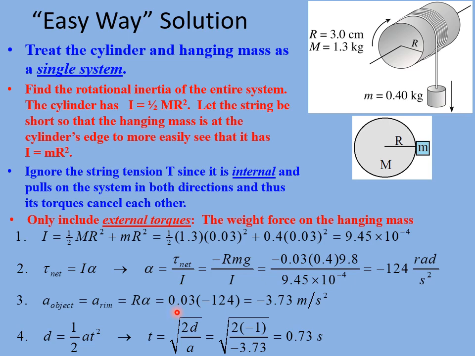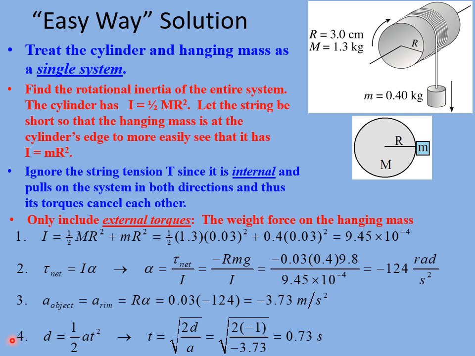So the radius is 0.03 meters, that was given up here. And our alpha is negative 124. So our acceleration of this falling object is negative 3.73 meters per second squared. That's how fast it's accelerating downward as it falls.